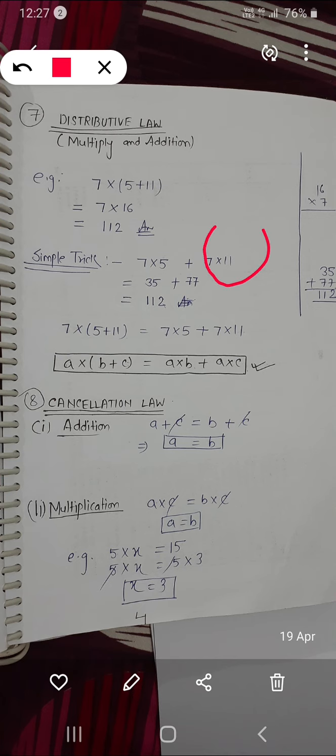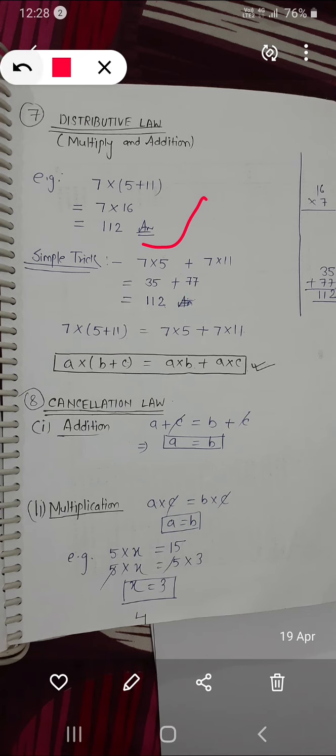Now we can write 7 into 11, because the bracket shows that the number outside the bracket is multiplied with both of these numbers. So 7 into 5 we get 35, and 7 into 11 we get 77. If we add them, we get 112.